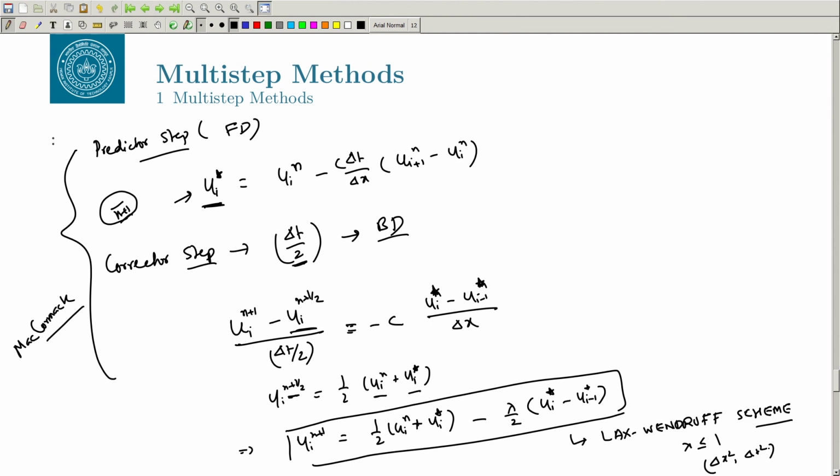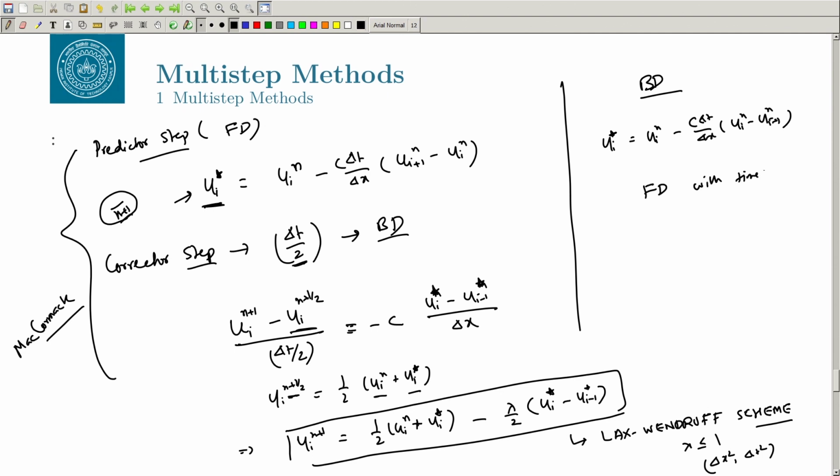As I told earlier, you can also do the first step as backward differencing. So, that will be u_i star equals u_i^n minus c delta t by delta x times u_i^n minus u_{i-1}^n. And then you do the forward differencing, but with time step delta t by 2.